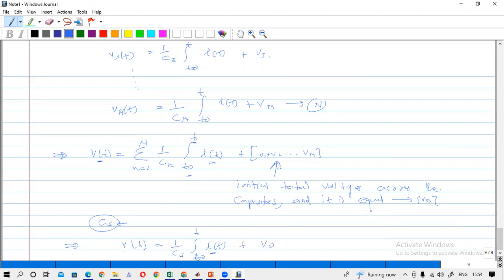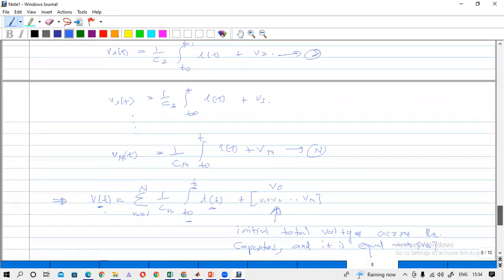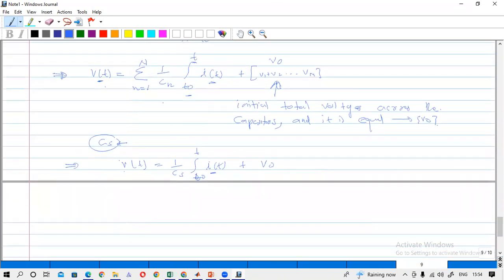And this V naught is equal to V1 plus V2 plus V3 up to Vn. So you have to find this 1 by Cs, and equate these two terms, let's say this is 1 and this is 2.